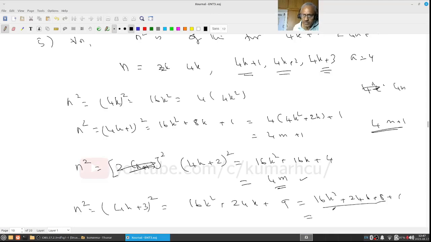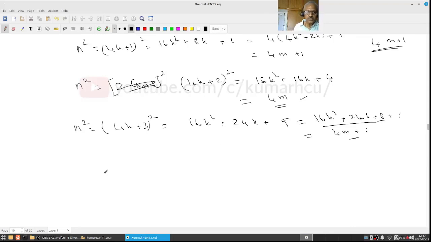This I can write as 4 times m plus 1. So what is the result? Result is for every integer n squared is of the form 4m or 4m plus 1. That's it.